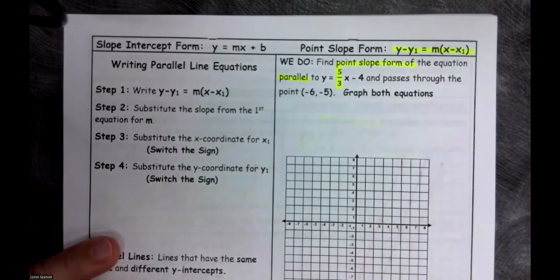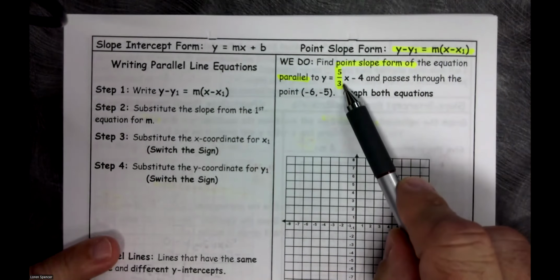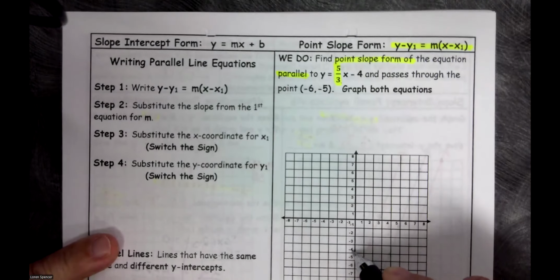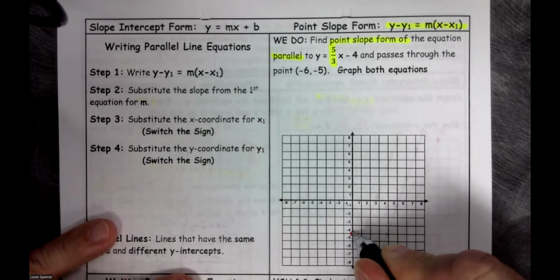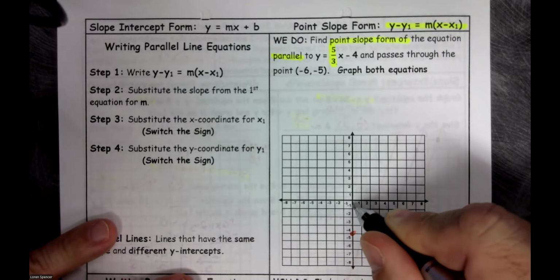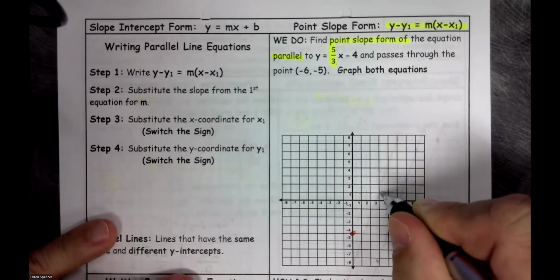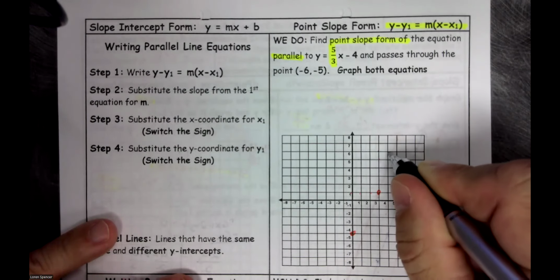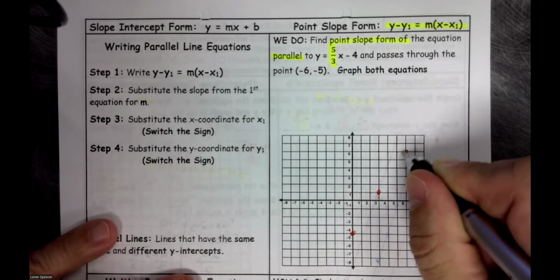It says graph both equations. Let's graph the first one, y equals 5/3 x minus 4. We start with the y-intercept, at -4. And it's a +5, so up 1, 2, 3, 4, 5, over 1, 2, 3.